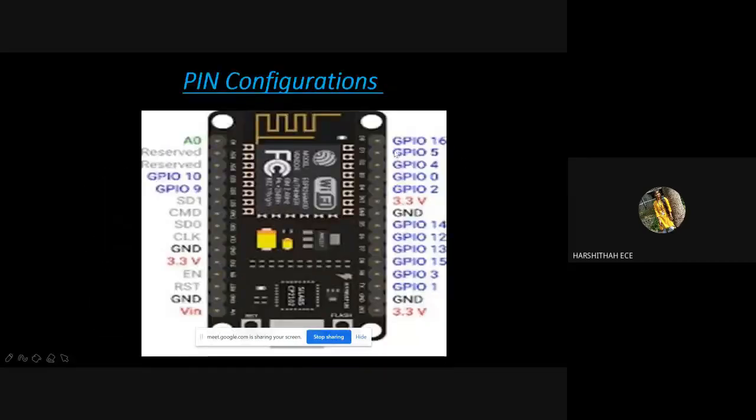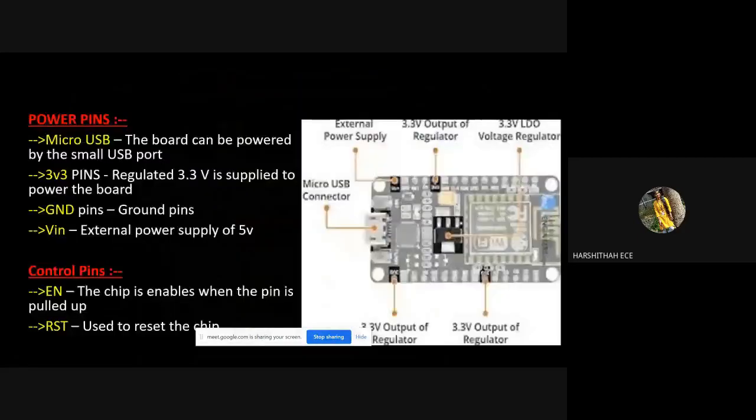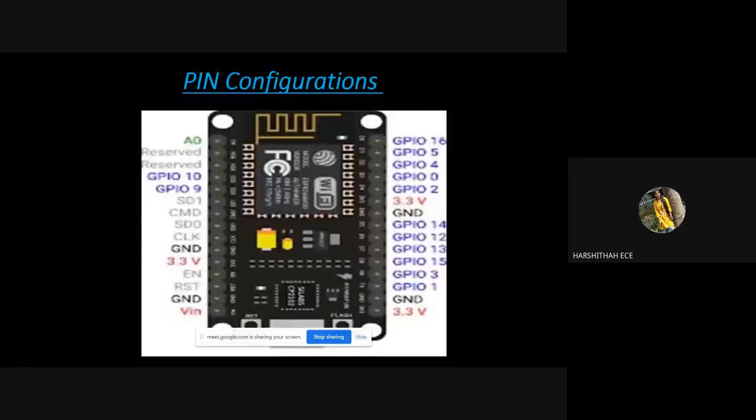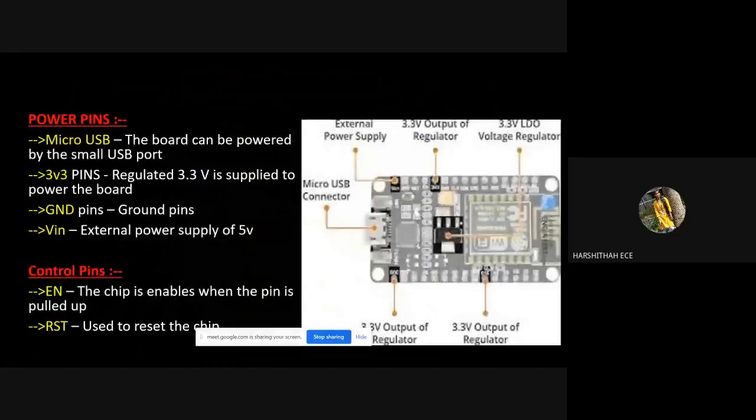Okay. So moving on, the second part is about its pin configurations. It basically deals with the SPI, UART, and general purpose input output registers, and we'll see them one by one. So here are the power pins. You can provide power to your NodeMCU with that micro USB.